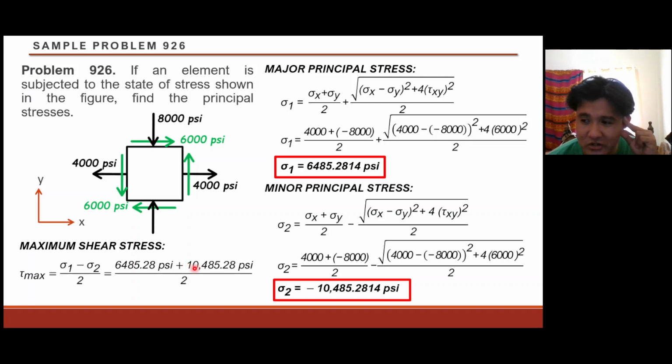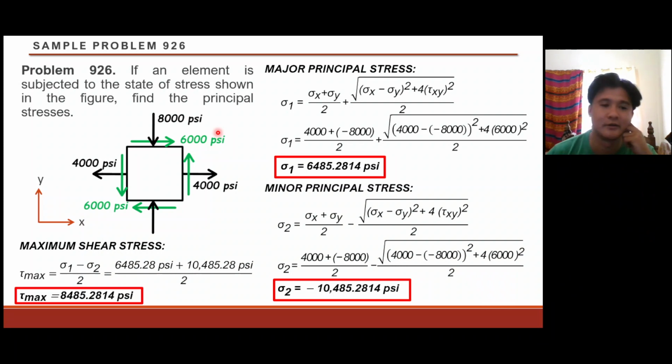So, using this equation, makukuha natin yung maximum shear to be 8,485.2814 PSI. So, that is yung maximum shear that may occur sa ating stress element. Okay? That would be yung maximum shear.